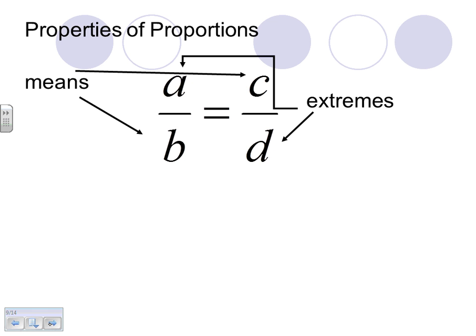a little bit of vocab to know. Some properties of proportions. If you have some A over B equal to some other ratio, C over D, C and B are called the means. They're in the top right and bottom left. The extremes are top left, bottom right.